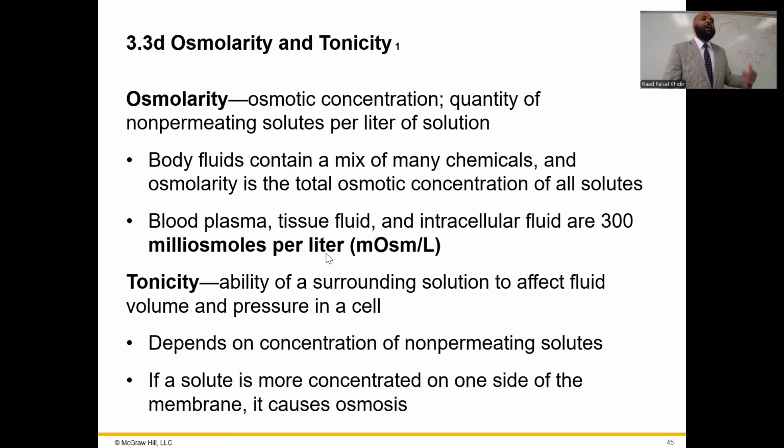So the same way we have hyperthermia, hypothermia, we have hyperosmolarity, hypoosmolarity. And we don't need hyperosmolarity, we don't need hypoosmolarity, we need euosmolarity. So tonicity. Tonicity is the ability of a surrounding solution to affect the fluid volume and pressure in a cell.